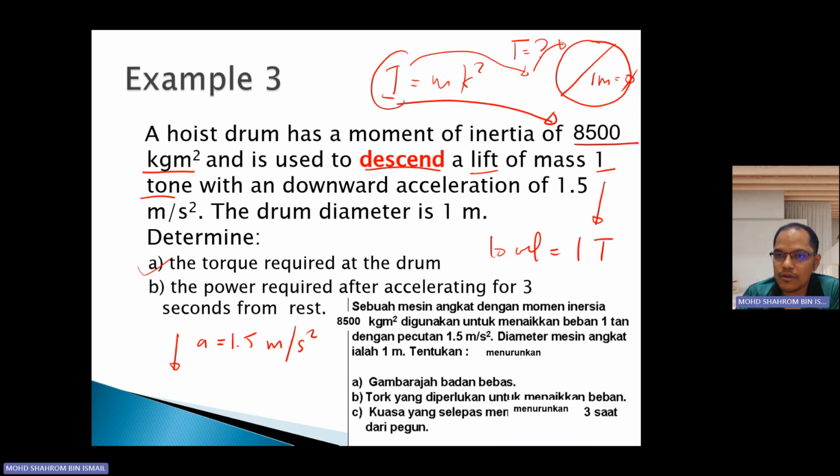We don't know the value of the torque, but we know it is spinning in a clockwise motion. And then we need to know the power required after accelerating for 3 seconds from rest.